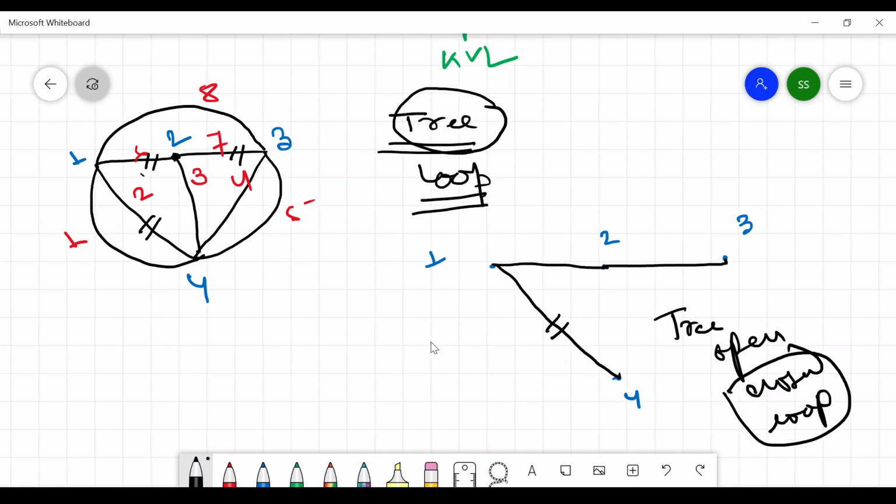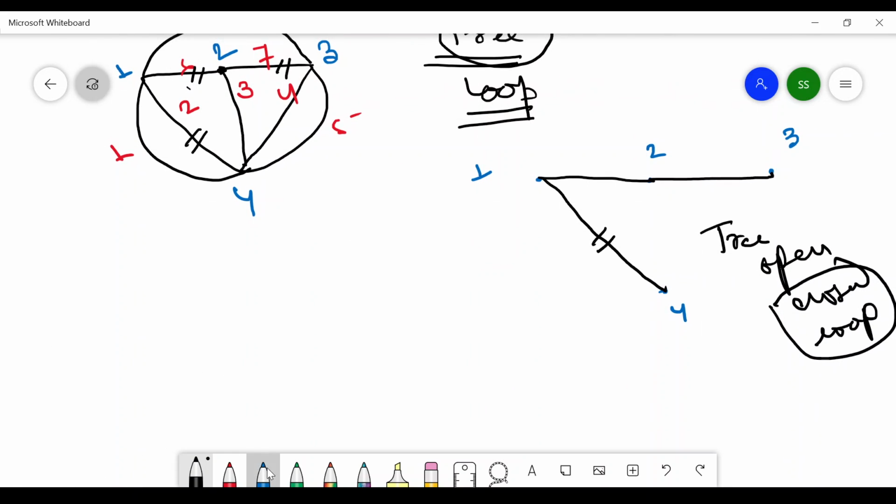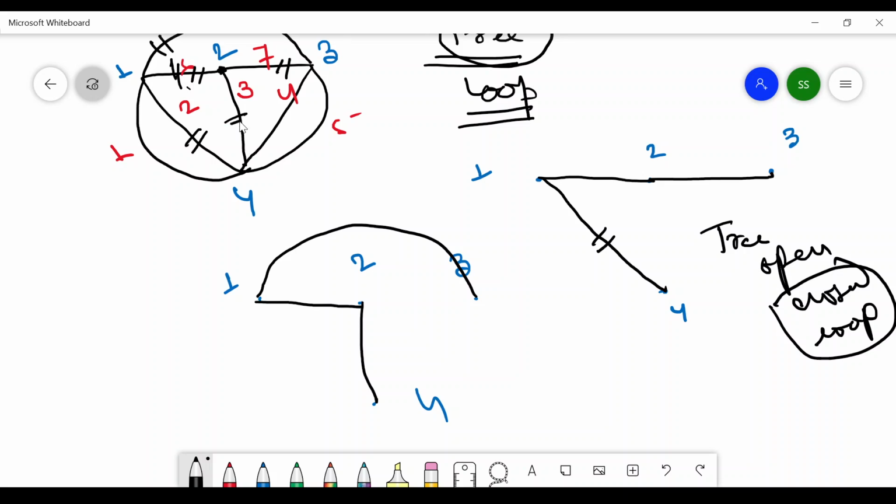Okay, similarly, with nodes 1, 2, 3, 4, if I draw this branch, then this branch, and then this branch, here also it is a tree.